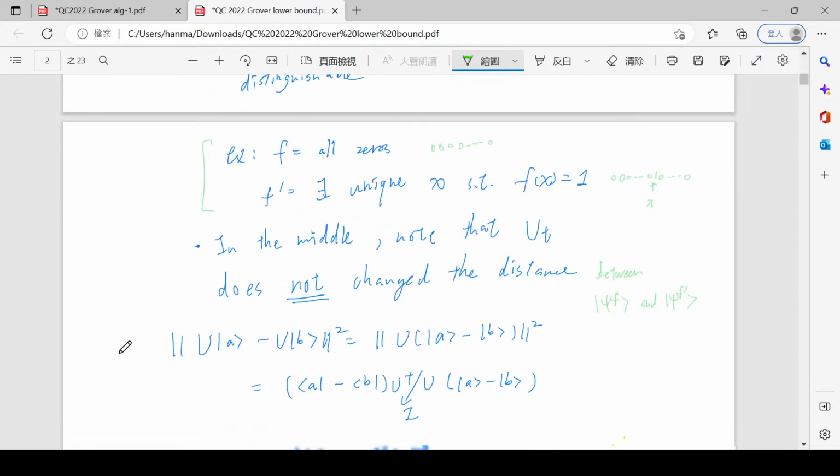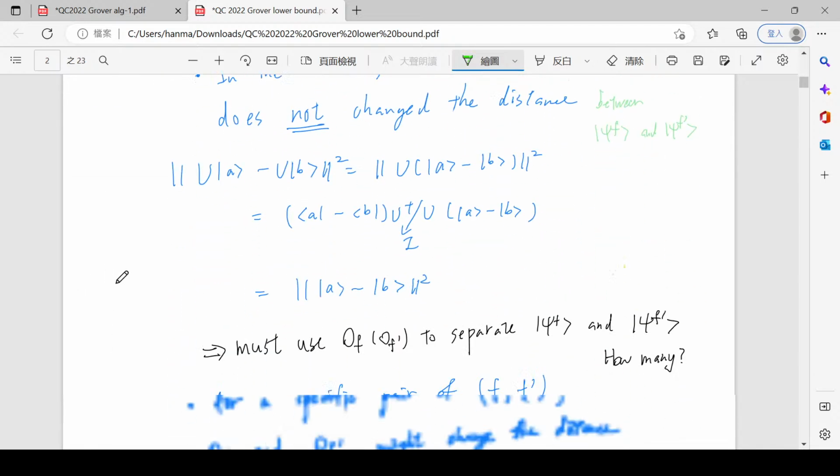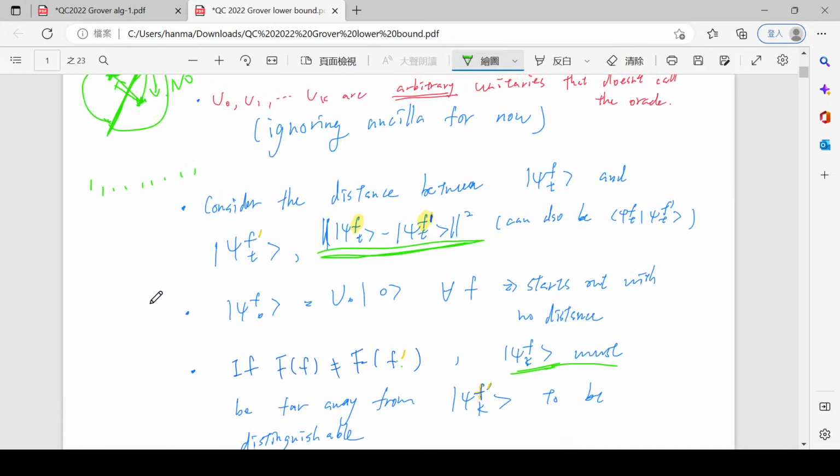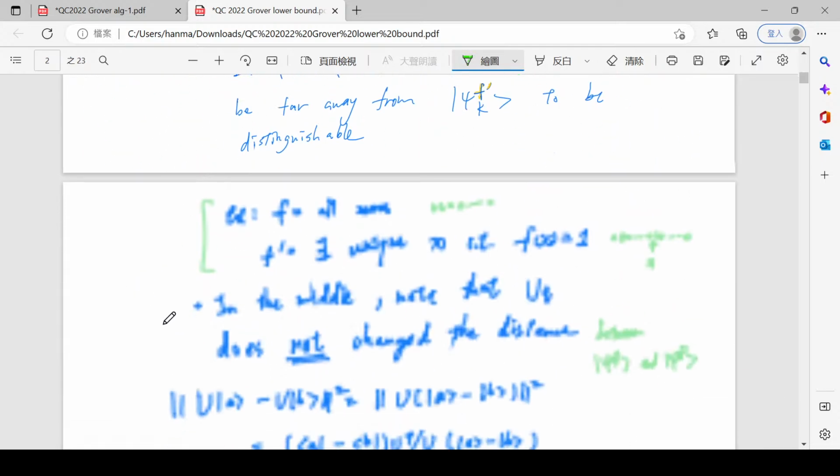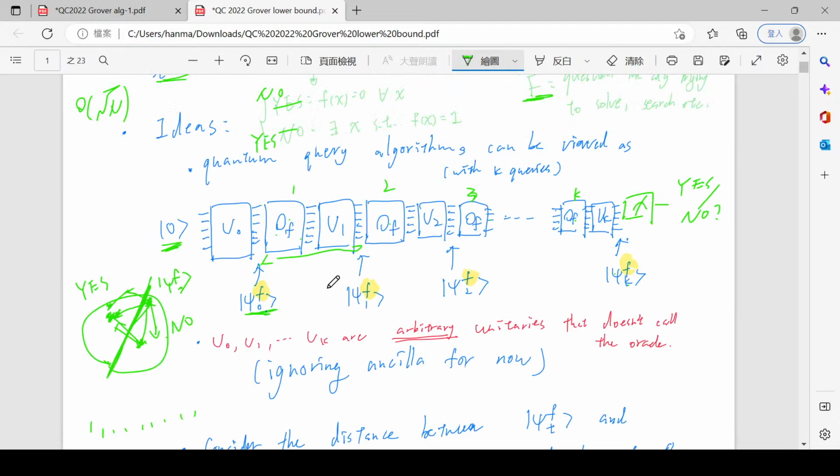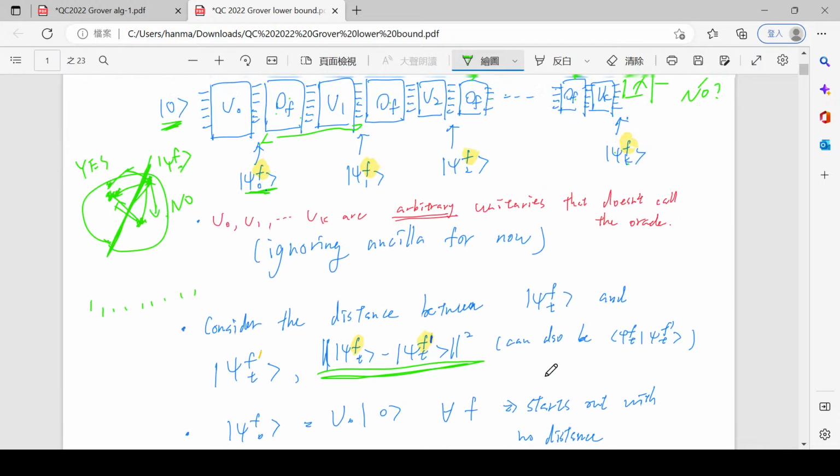Okay. And then we're going to show why this thing is useful. A very useful thing is that if you track this kind of thing, we want to track how many OF we use. So this U that doesn't define F better not do anything to our distance.